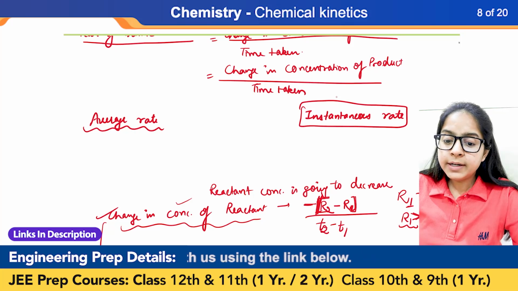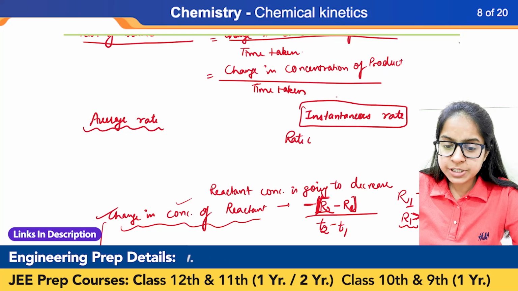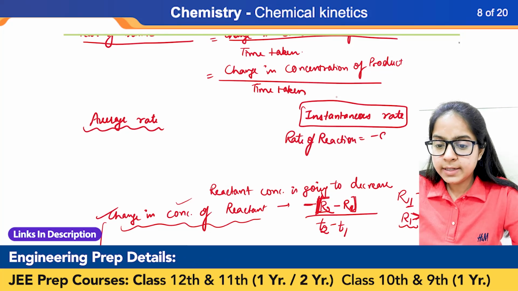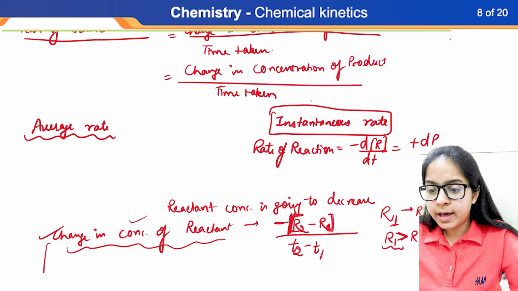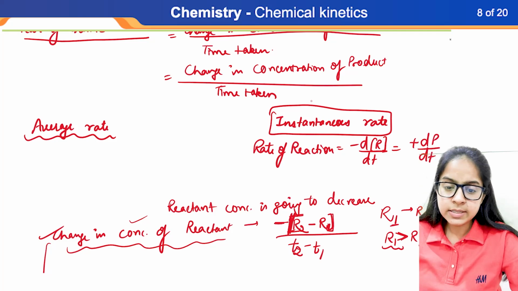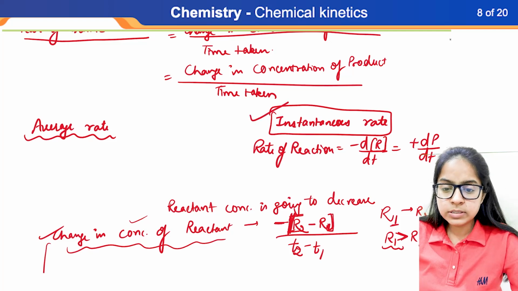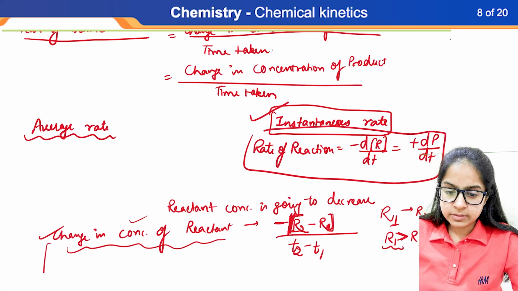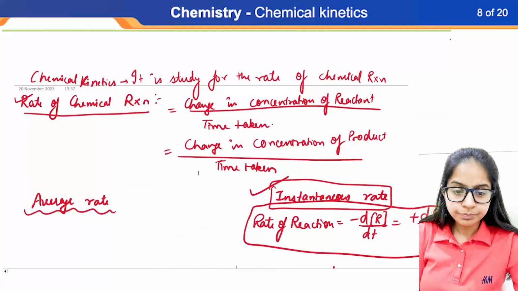At a particular time, the rate of a reaction is equal to minus dR by dt, for a very small time, or plus dP by dt. This is the instantaneous rate that is mostly used in chemical kinetics, in the rate of reaction.